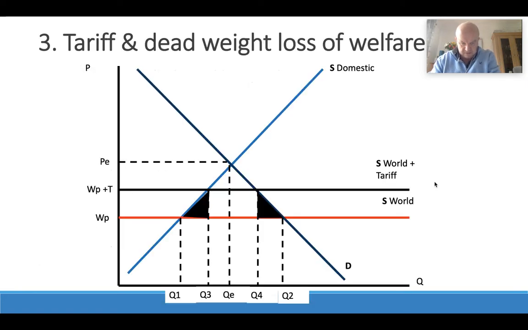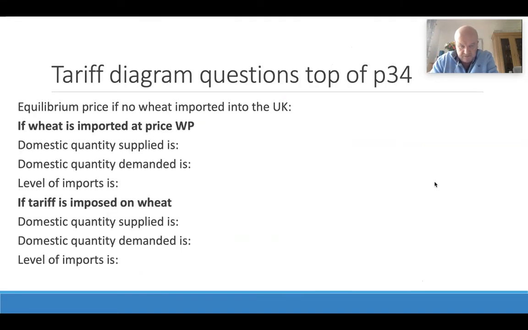If wheat is imported at the price WP, then domestic quantity supplied is Q1, domestic quantity demanded is Q2, and you may need to refer back to that original example on the previous slide in order to make sure that this makes sense. So the level of imports in this instance would be Q1 minus Q2.